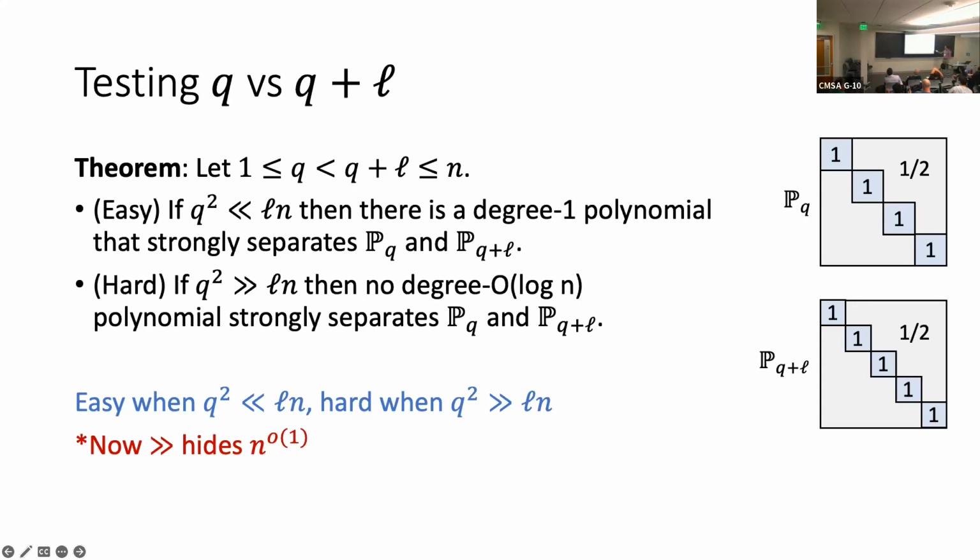And one of the main things we prove is that this is easy for low degree polynomials under some condition and hard under the opposite condition. So we pin down the threshold for this up to log factors. The polynomial that succeeds in the easy regime is just this degree 1 thing, which is count the total edges. And it turns out, you can't do better than that below the threshold.